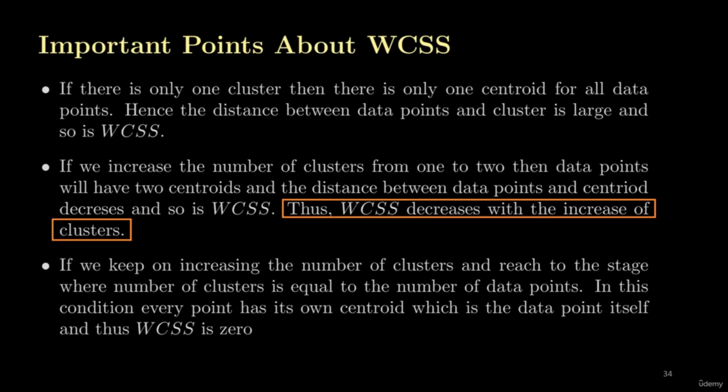So if you calculate the distance between data point and centroid, you are calculating the distance of a point with itself, which will be 0. So WCSS will also be 0. So if you keep on increasing and reach the stage where every data point has its own cluster, your WCSS is 0. So the takeaway point is that if we increase the number of clusters, WCSS decreases.